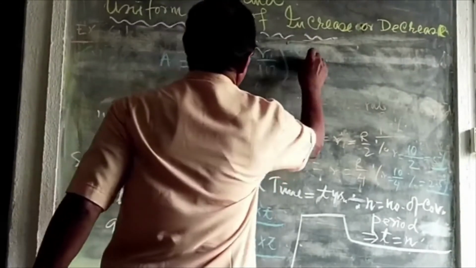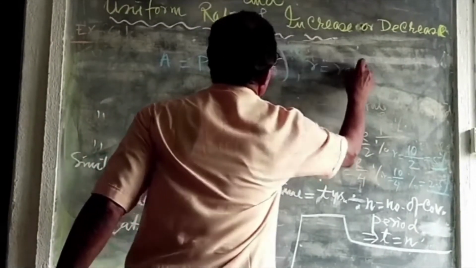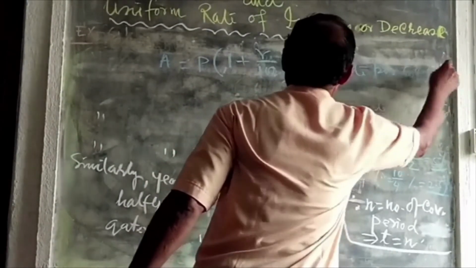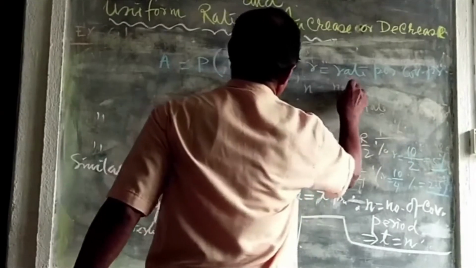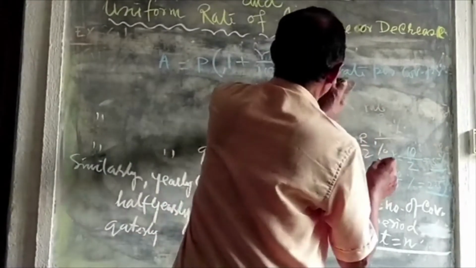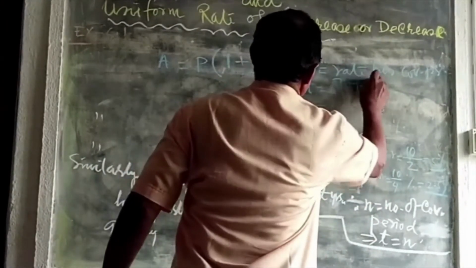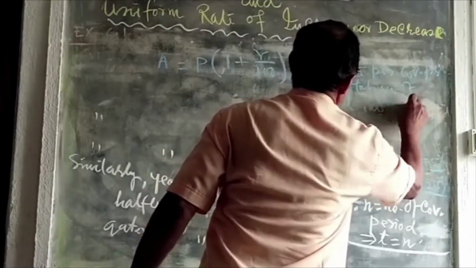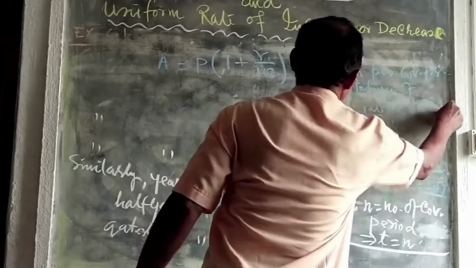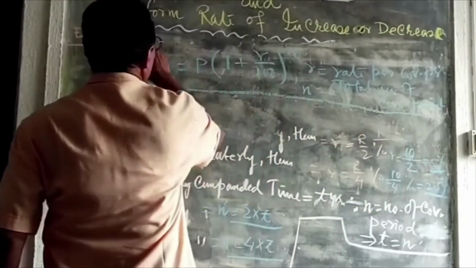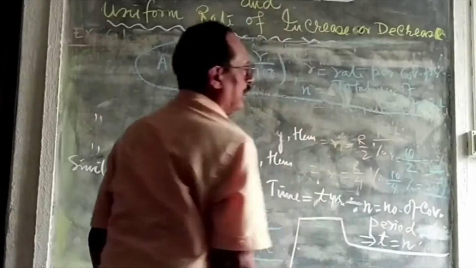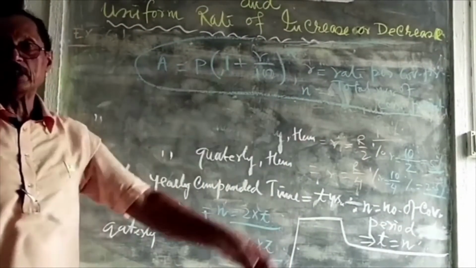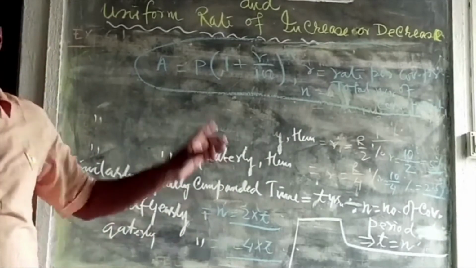Remember, r is equal to the rate per conversion period and n is equal to the total number of conversion periods. By this way you can calculate the total amount, and from there the interest, when it is yearly compounded, half yearly compounded or quarterly compounded.